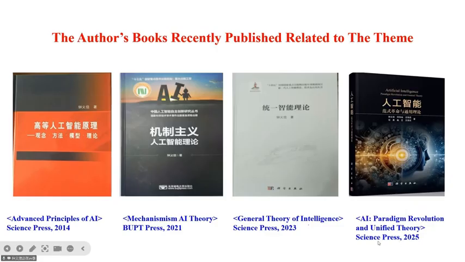The title is Artificial Intelligence, Paradigm Revolution, and Unified Theory of AI. So if someone is interested in knowing the main idea we presented today, I think they can find the detailed explanation in the four books. Of course, the last one will be the easiest reading for the readers.